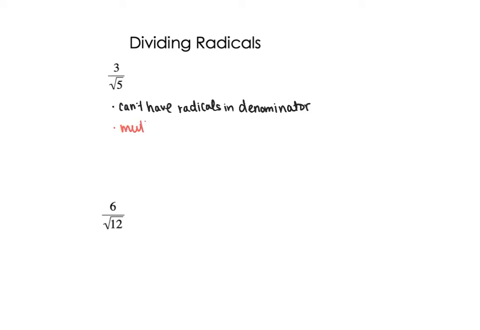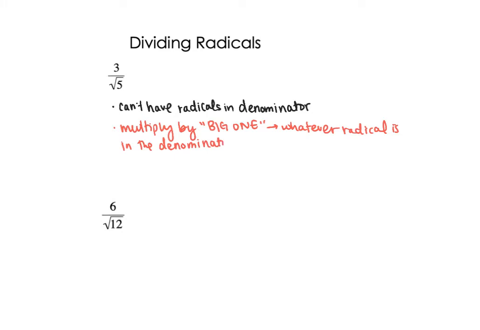So we're going to multiply by the big one, which is, you just look at the denominator, so whatever radical is in the denominator over itself.